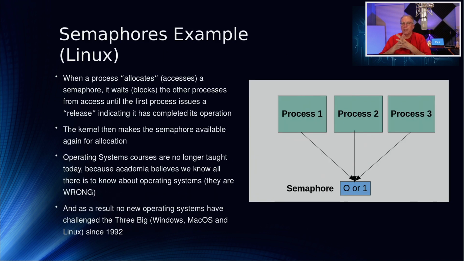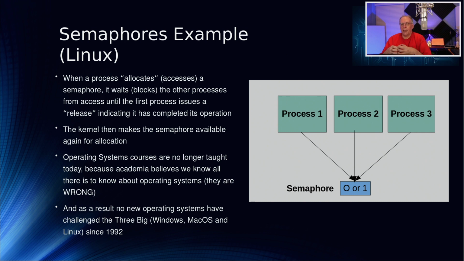So, okay, that's great, but how does this thing work? Let's say a process is running along and it wants to allocate access to the semaphore. Maybe the semaphore is blocking some specific region of memory or some resource on disk, or maybe a network instance that's going on. The process wants to get access to it, and so it checks the semaphore to see if it's available.